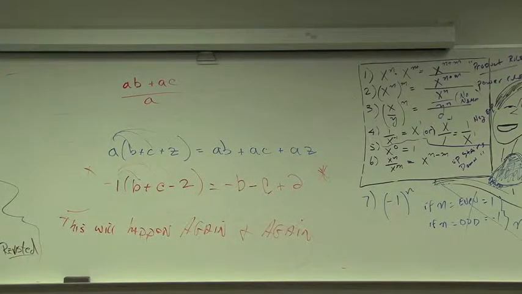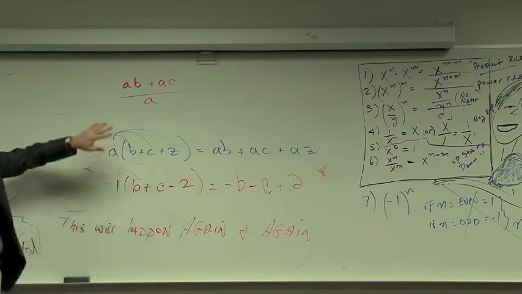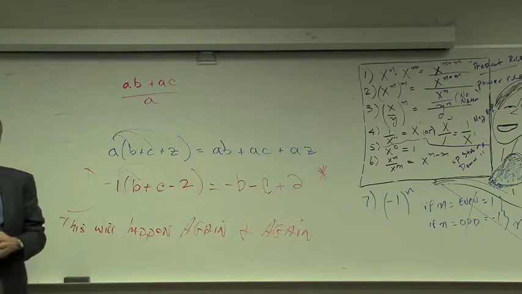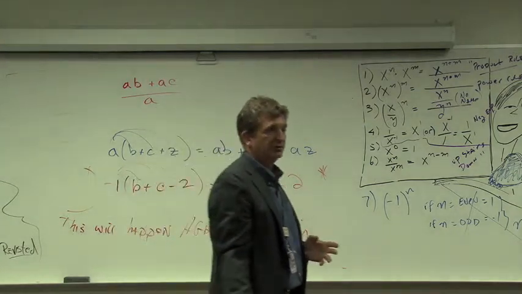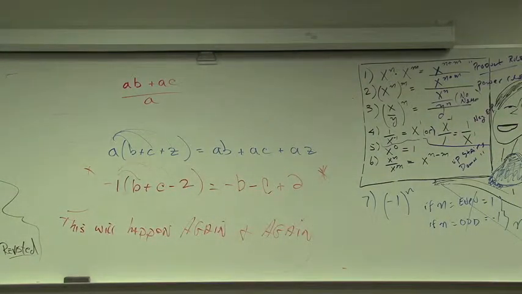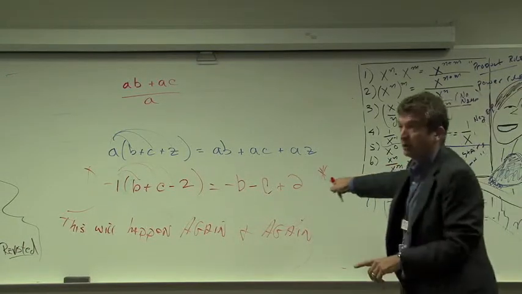This is through division. This is through multiplication. So you have distributive property that works through multiplication, which I've demonstrated here.